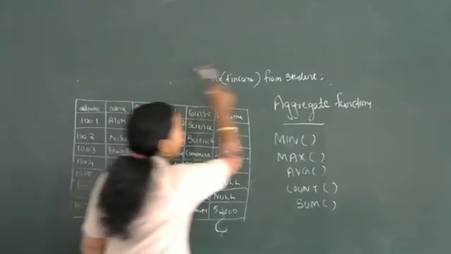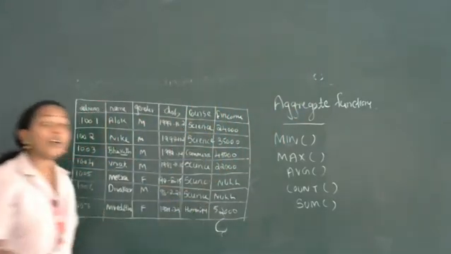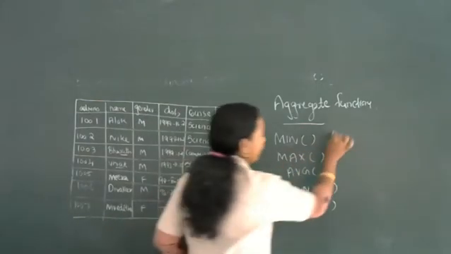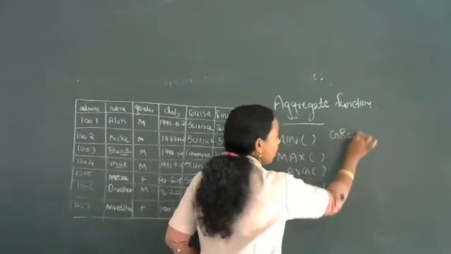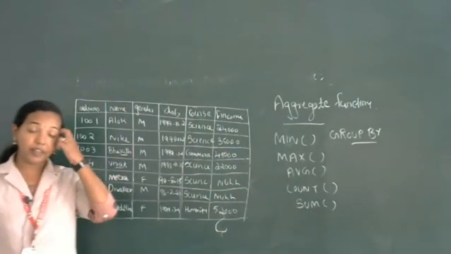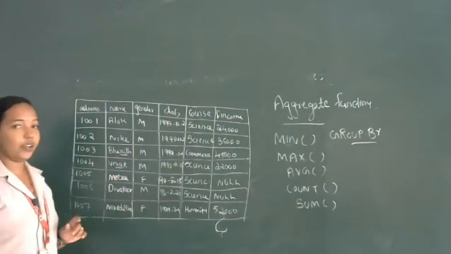We already studied the order by clause. Then one more clause is present, that is group by. That is the next clause, group by. It is very, very important, because it will definitely come in your examination.